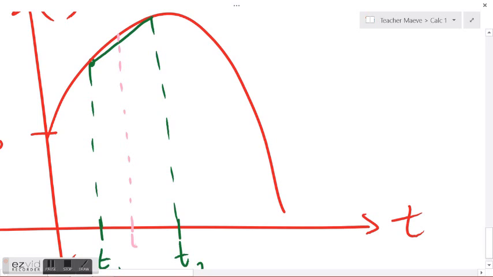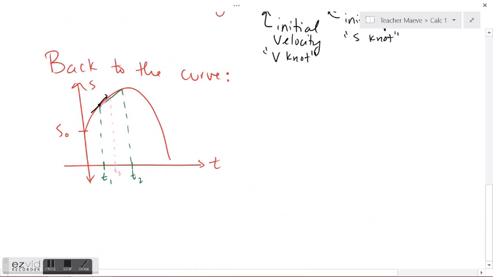What if I have one in here, T3, that gets closer to my T1? The closer I get, the more my secant line, or my average rate of change, looks like the tangent line. Oh, here comes my calculus. And the tangent line represents my instantaneous rate of change, or the instantaneous velocity.